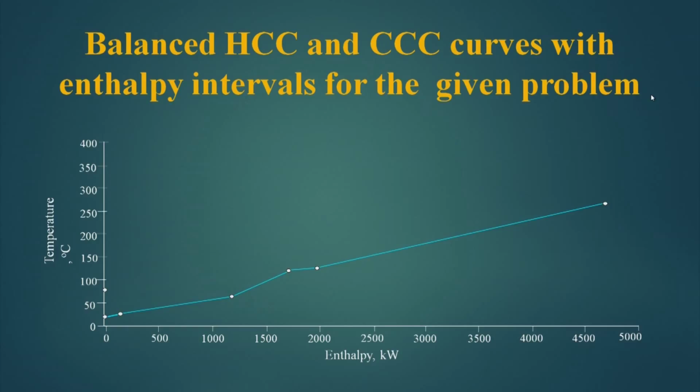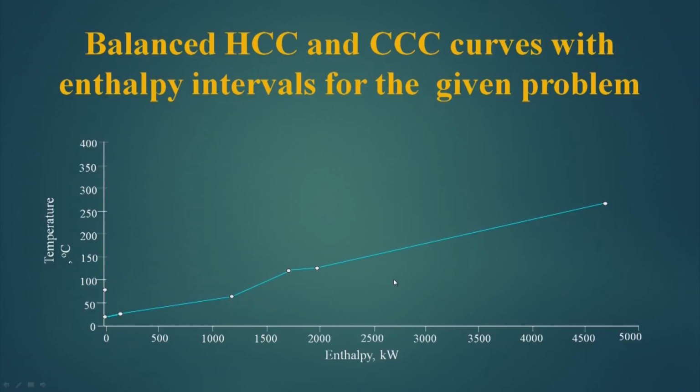So, based on the cumulative Q values and temperature levels for the balanced cold composite curve, we have first plotted the points and then we have joined them. So, this one shows the balanced cold composite curve in which the cold utility is included.